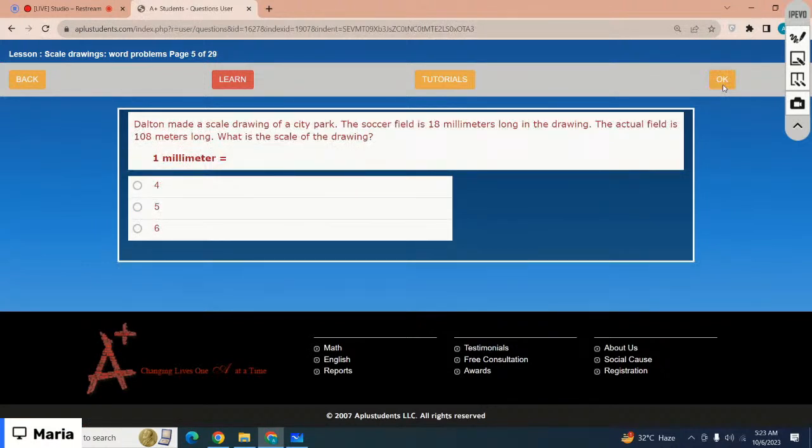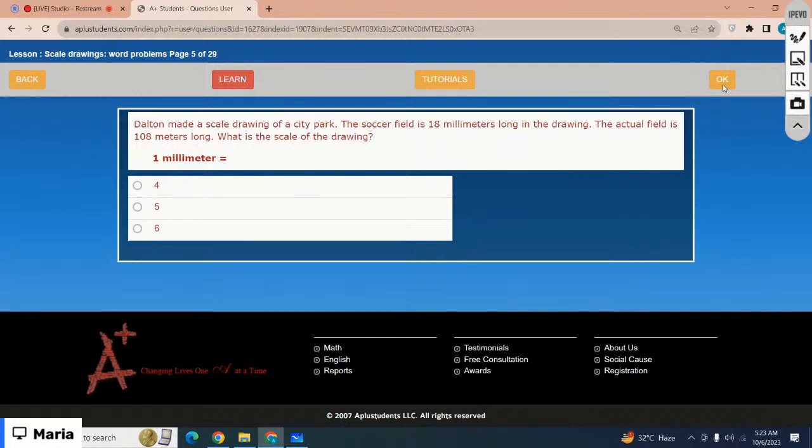Dalton made a scale drawing of a city park. The soccer field is 18 millimeters long in the drawing. The actual field is 108 meters long. What is the scale of the drawing? So the actual field is 108.